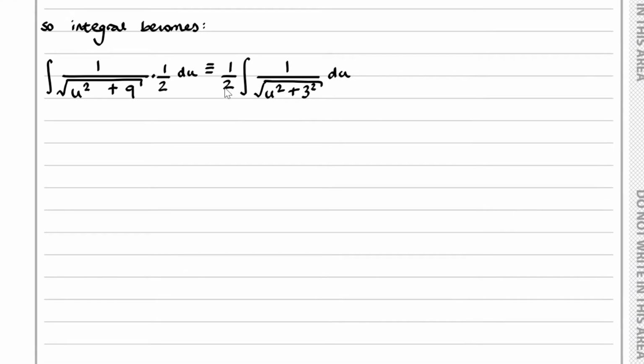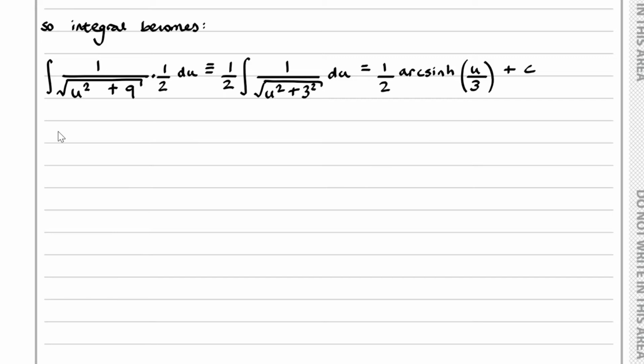So therefore, the result of this is 1/2 times the inverse hyperbolic sine of u over 3. And we know that u is equal to 2x.